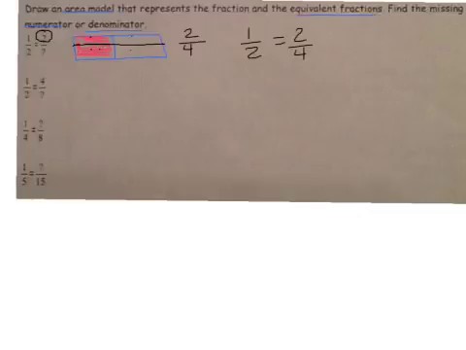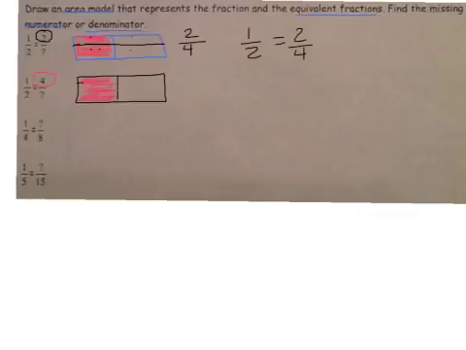The next one, I have 1/2 again. So I'm going to draw 1/2, and I'm going to shade that in. And again, my numerator is 4, so that means I want to have 4 rows.